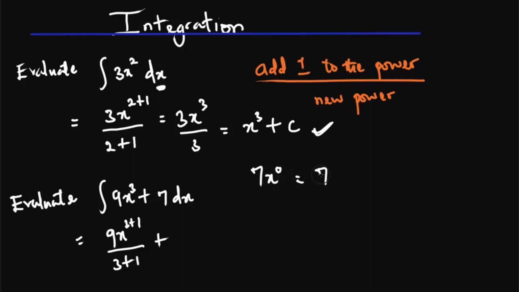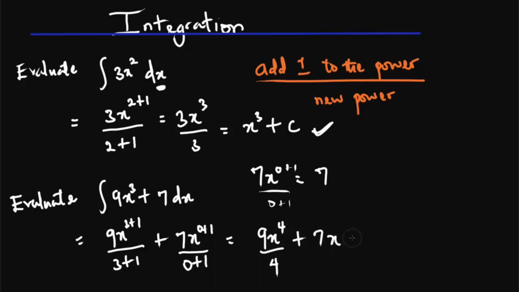So 7x to the power 0 is the same as 7. You add 1 to the power and divide by the new power, so it becomes 7x to the power 0 plus 1 divided by 0 plus 1. And this becomes 9x to the power 4 divided by 4, plus 7x, plus c.